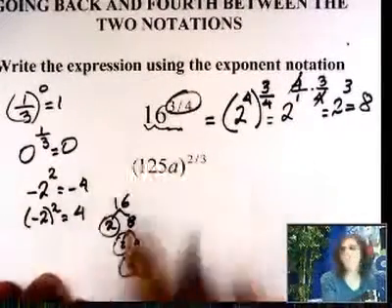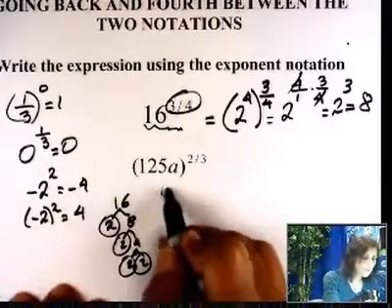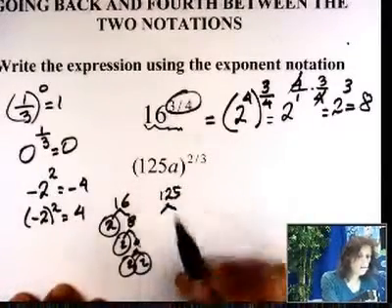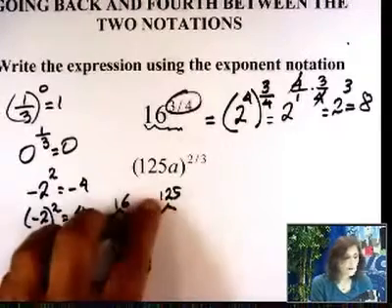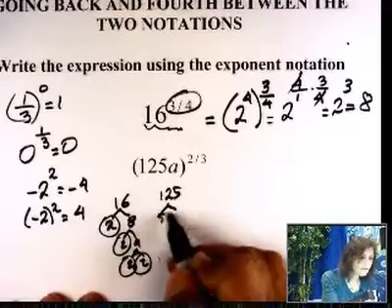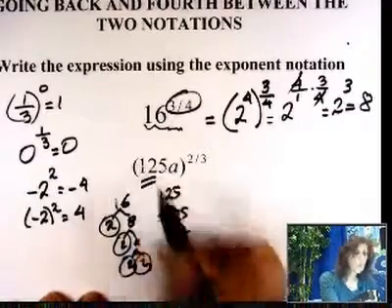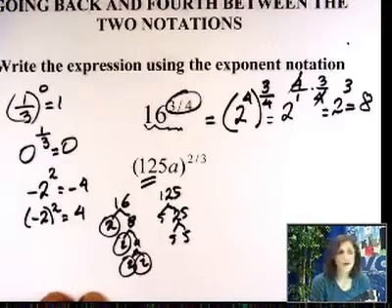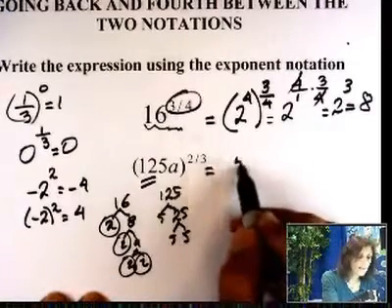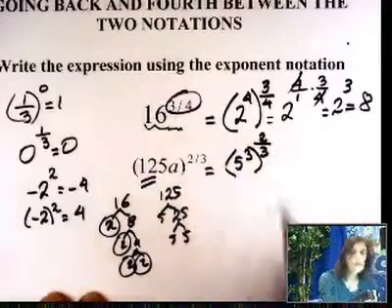Well, let's try this one. Just go back and forth between notations. 125, what is that? You can do a couple of things. 2 plus 1, 3 plus 5. So that's not divisible by 3, but it is divisible by 5. Guess what 125 is? It is 5 cubed. So I'll write that: 5 cubed to the 2/3.